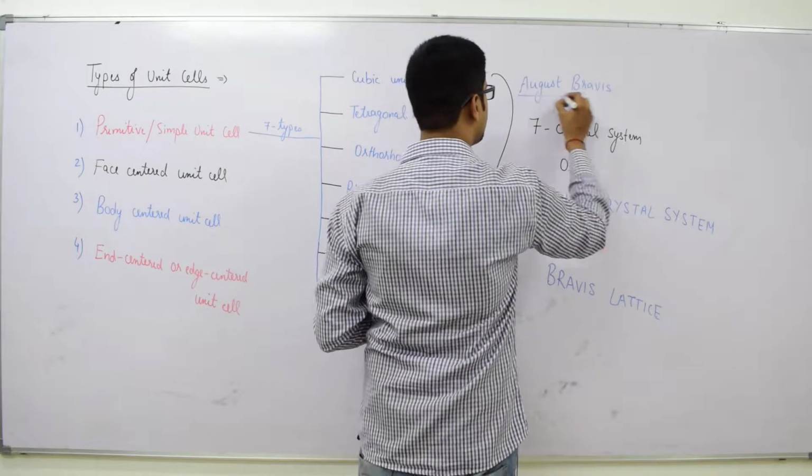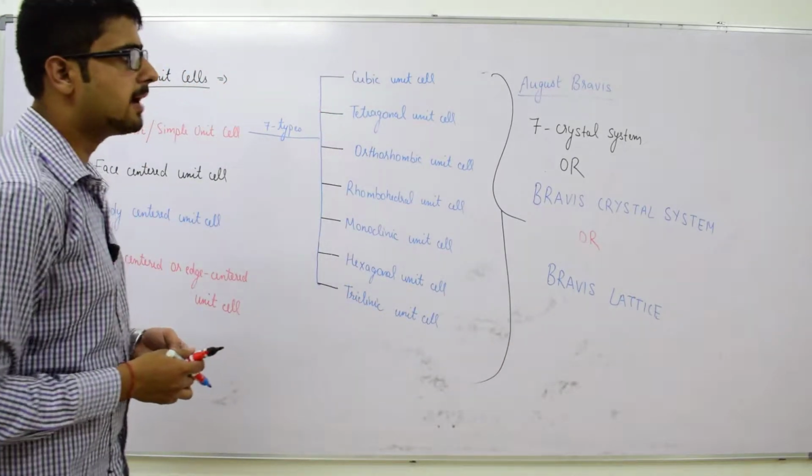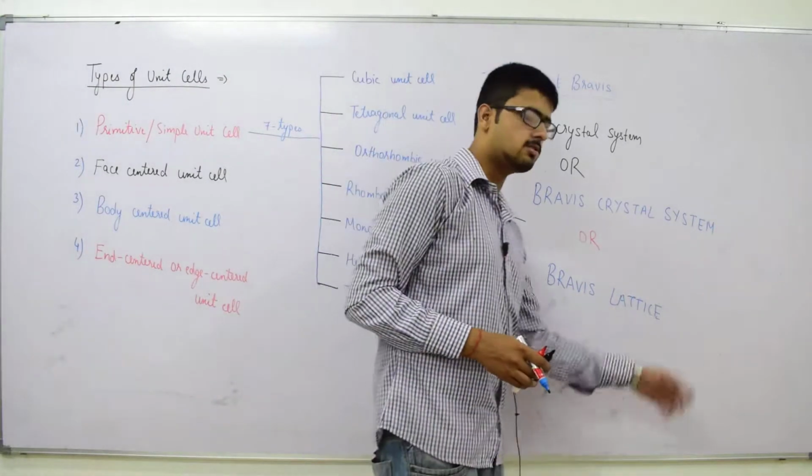So, after his name, they are called 7 crystal system or Bravais crystal system or Bravais lattices.